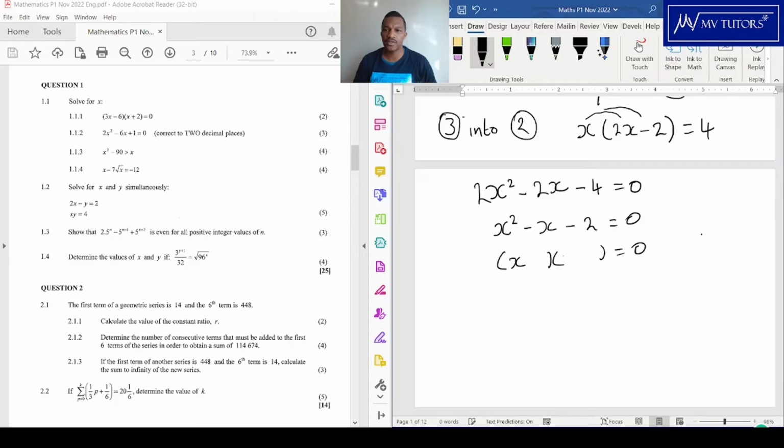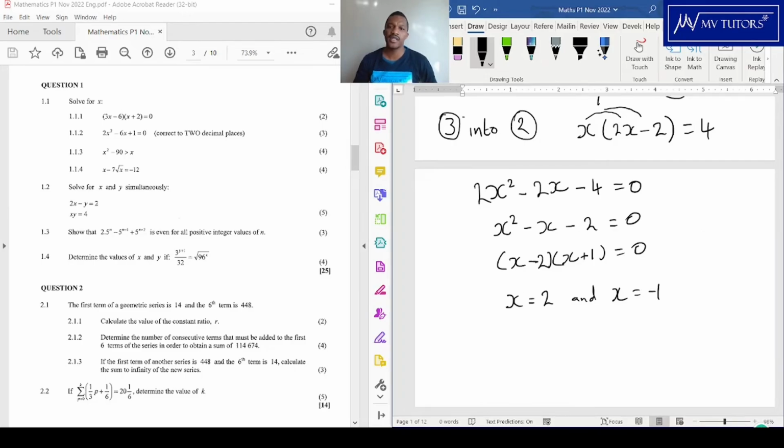So x and x, it can only be 2 and 1. Now which one is negative? It's the bigger one, which is minus 2 plus 1, because minus 2 plus 1 gives you a minus 1.